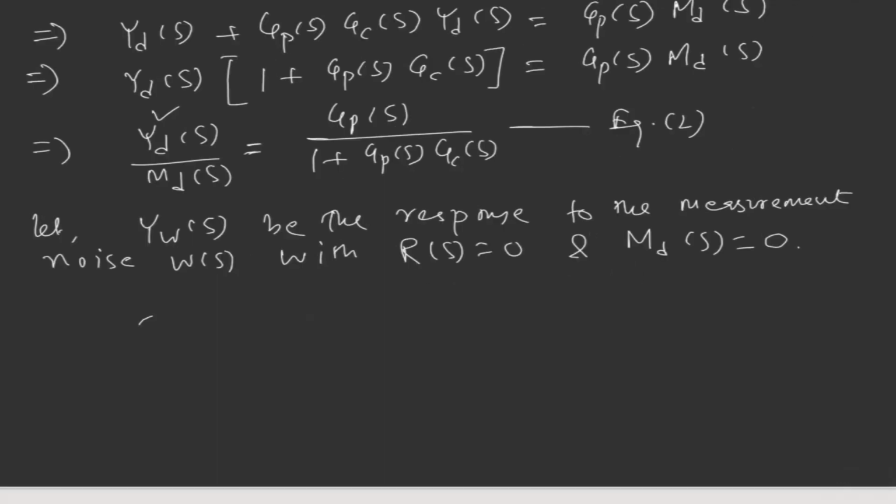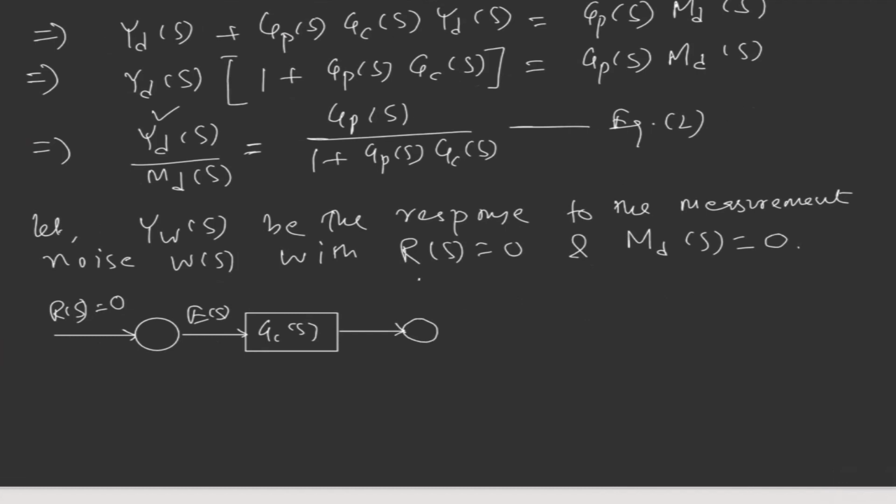So this is our summing point. This is the reference signal, R(s), which is assumed to be 0. And this is the error signal we are producing, E(s), and the controller is G_C(s), and here we can have a summing point.